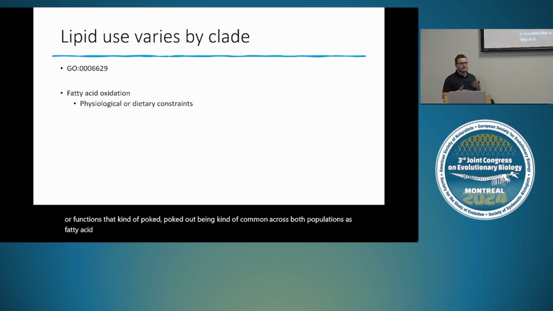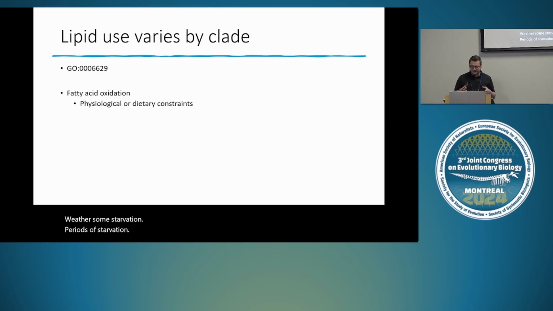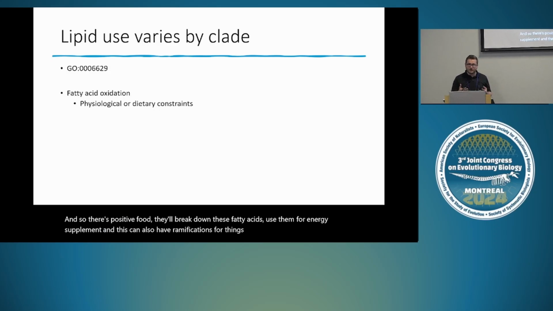Fatty acid oxidation can occur whenever there's physiological stress or dietary constraints, and these organisms need to weather periods of starvation. When there's a paucity of food, they'll break down these fatty acids and use them for energy supplement, and this can also have ramifications for things like reproduction or dispersal, so it can potentially be linked to population ecology and to them trying to avoid starvation.